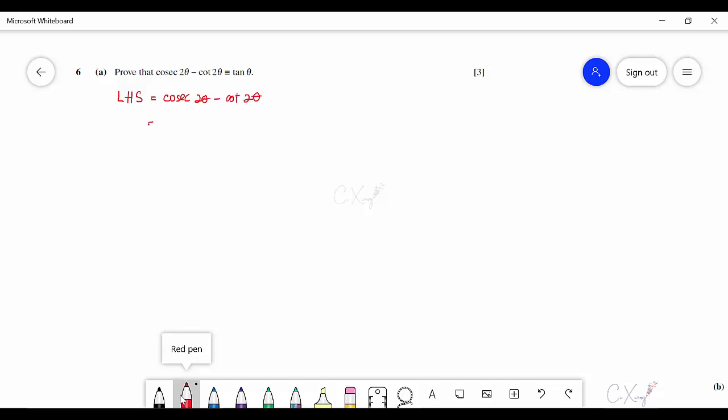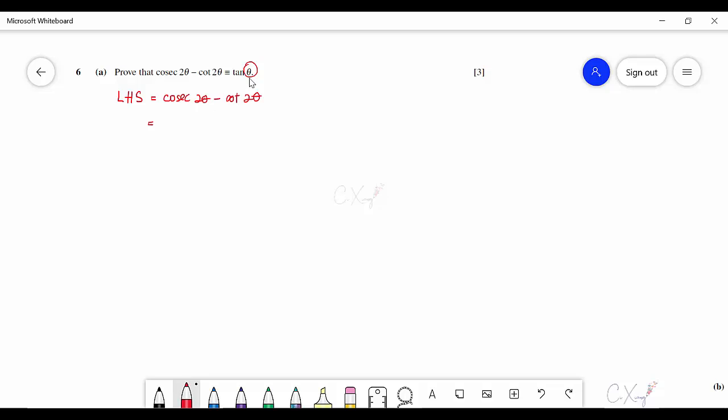On the right, they have only the single angle, while the left has double angle. That means you can maybe try to expand it. But before I expand it, I want to combine these two terms into one term, because on the right hand side you have only one term, correct or not?